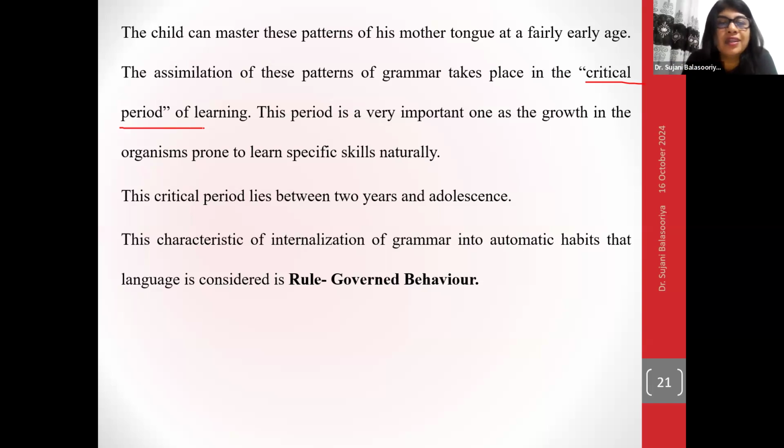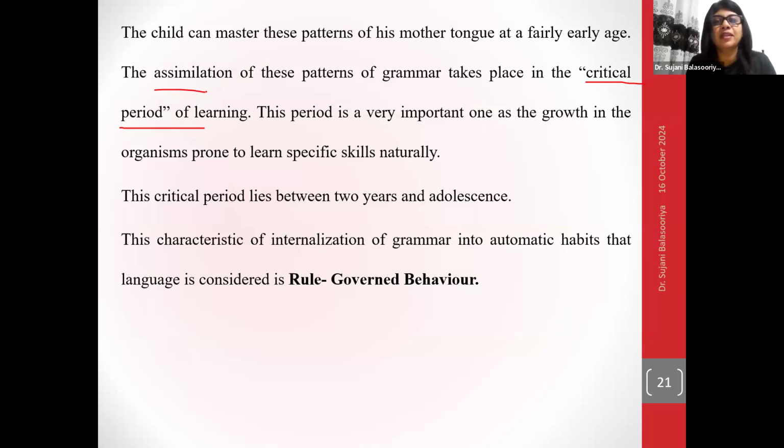What do you think about the critical period? In the critical period, what does happen? The assimilation of these patterns of grammar takes place. Assimilation here means a combination or integration, right? So the human child combines the patterns, the structures of the mother tongue, during the critical period of learning.